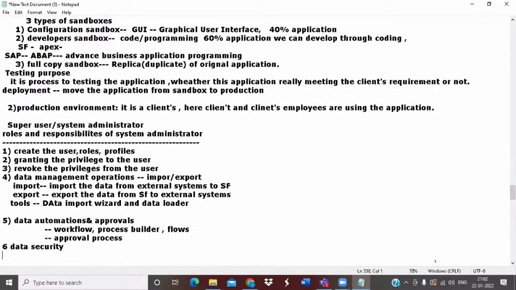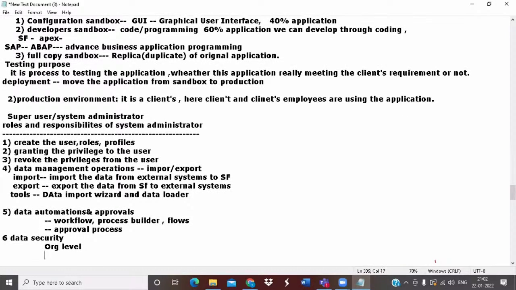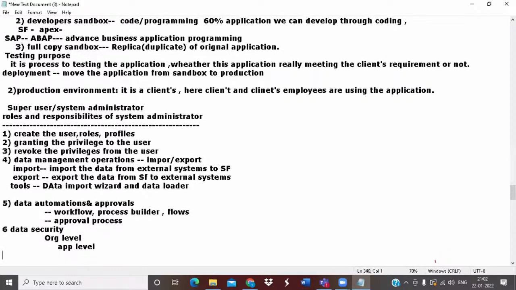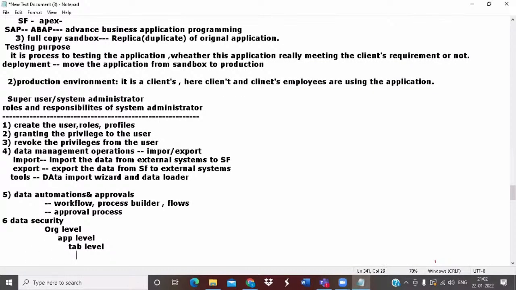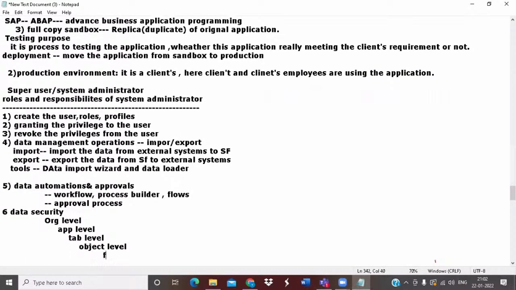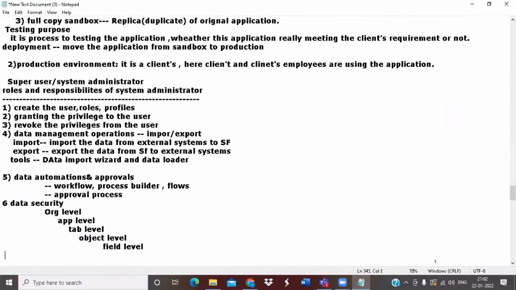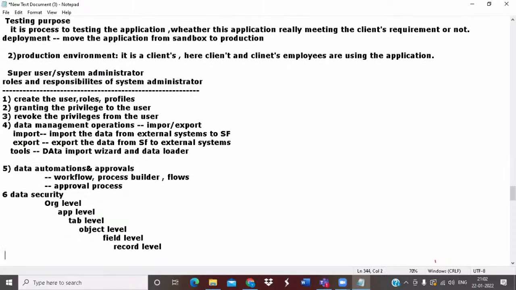Data security. We can provide security at different levels: org level security, next app level security, object level security, field level security, and record level security.